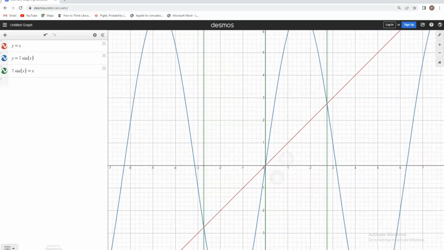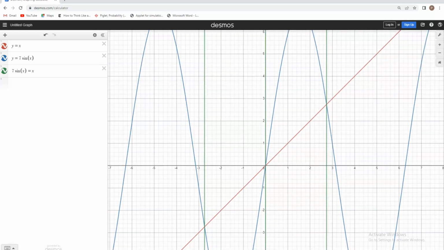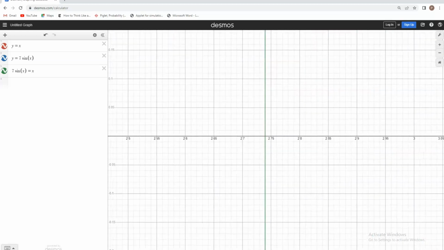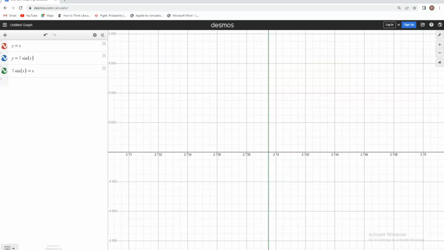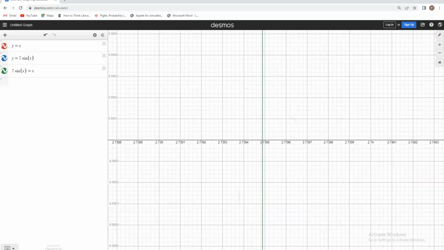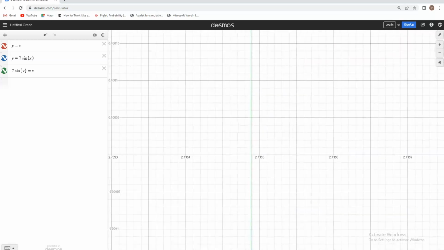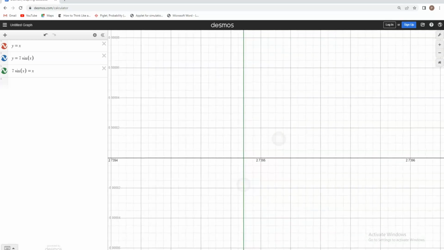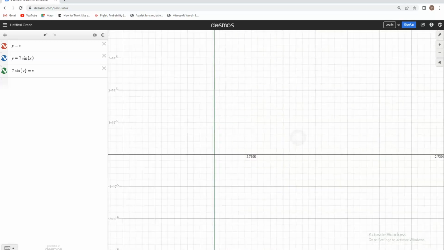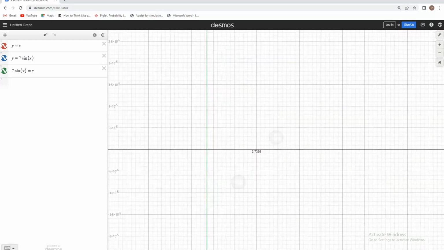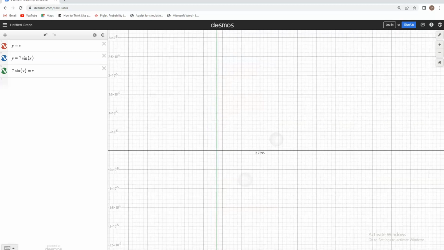Here we have 0, and the third one is positive. The closest number we can have to this line, if we round to 4 decimal places, is 2.7395.